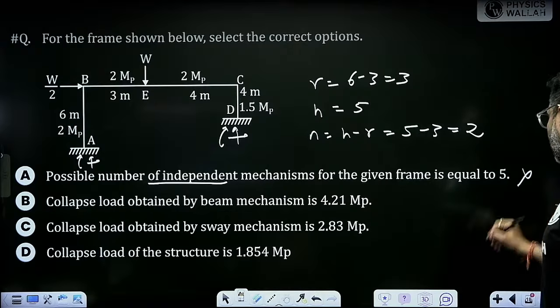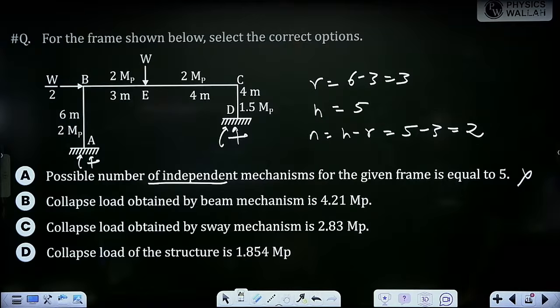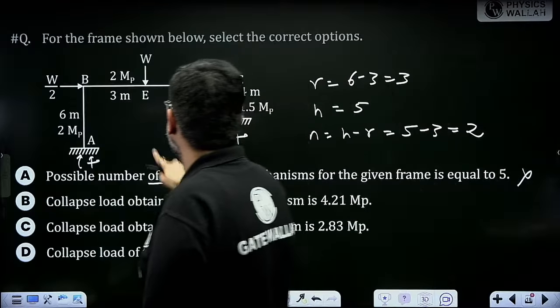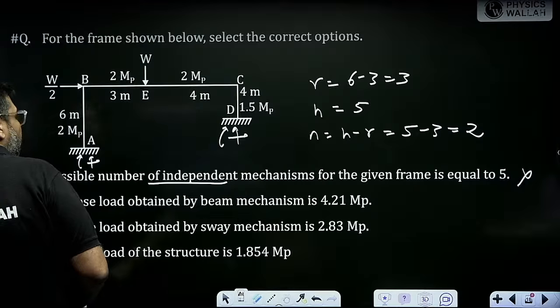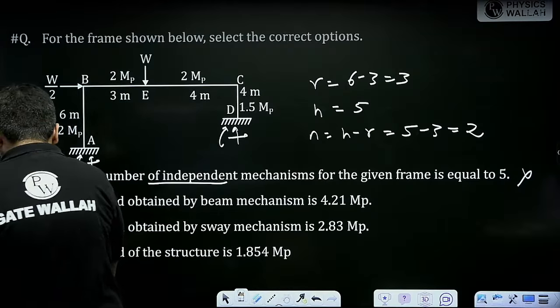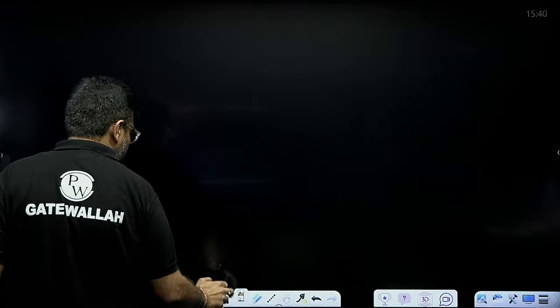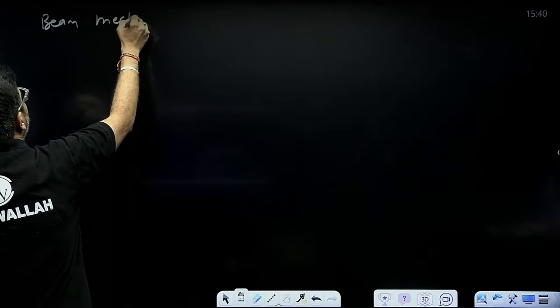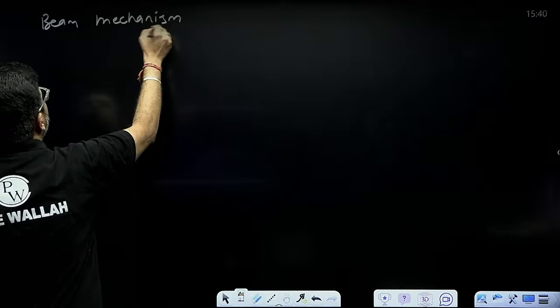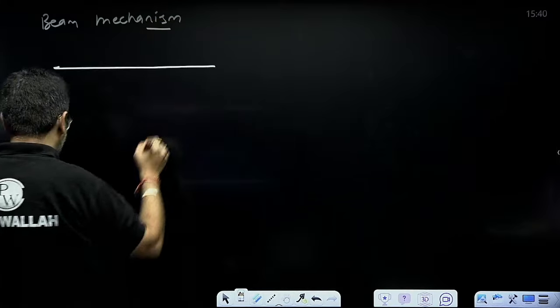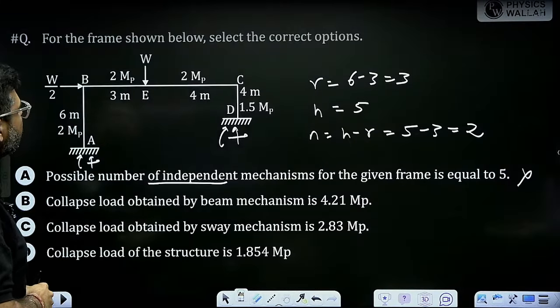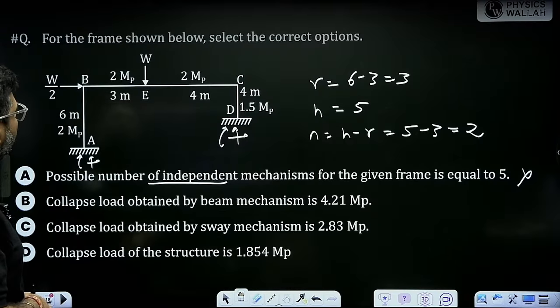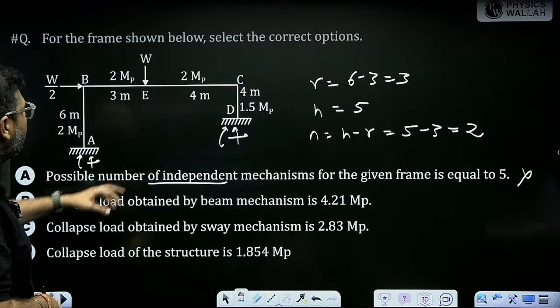So, number of independent mechanisms here is 2. First one is not correct. Collapse load obtained from beam mechanism. For beam mechanism, we will consider the failure of BC span. Very simple. Consider the failure of BC span. 2 MP, and here it is 2 MP and there it is 1.5 MP. 3 meter and 4 meters.